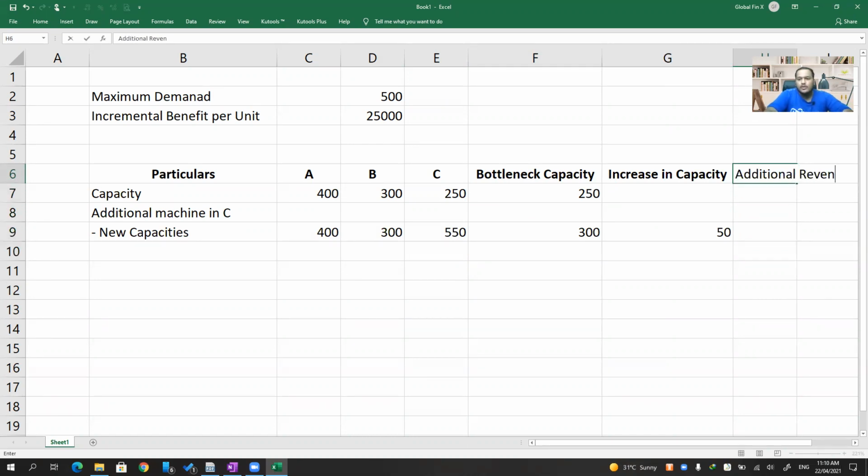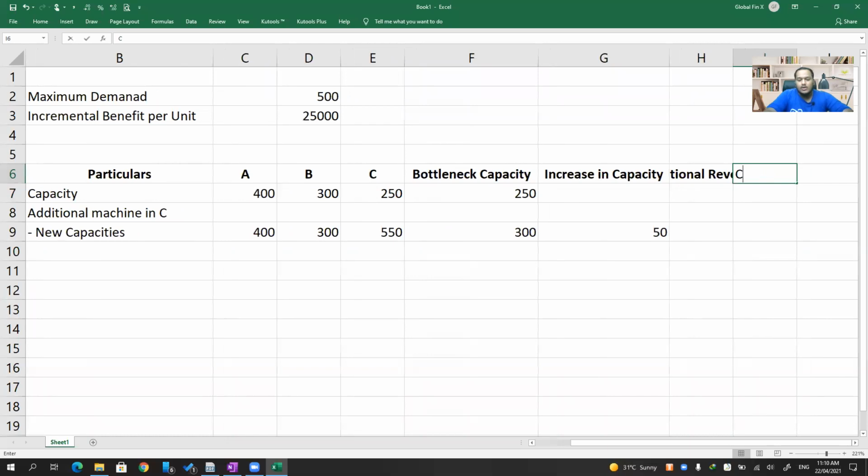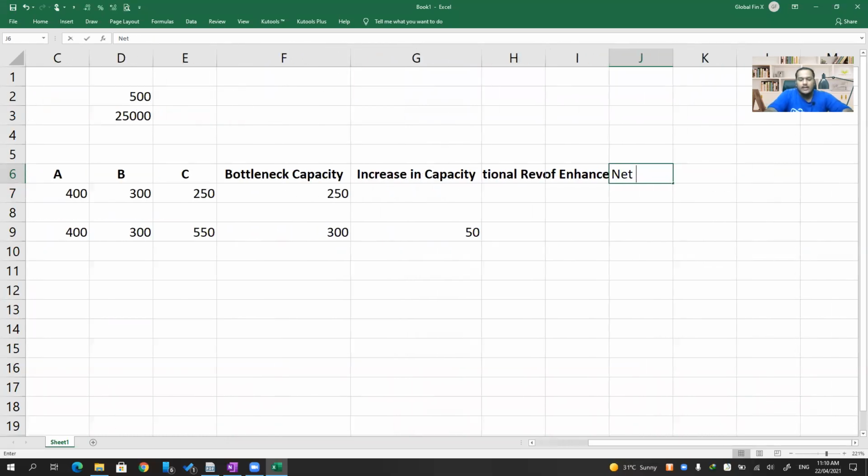Additional revenue and cost of enhancement, net result.